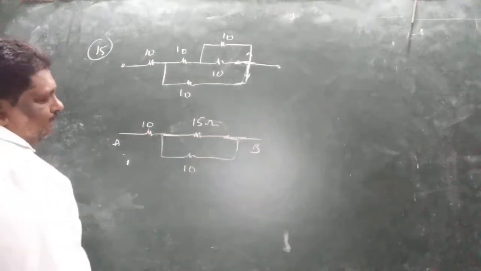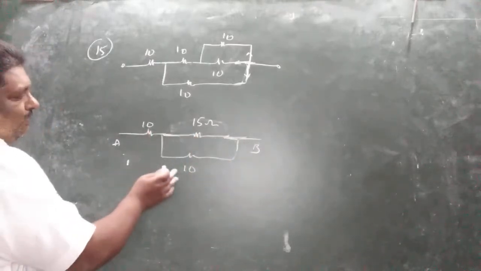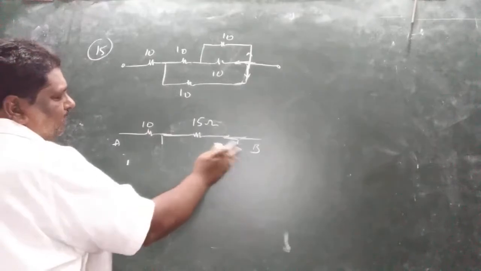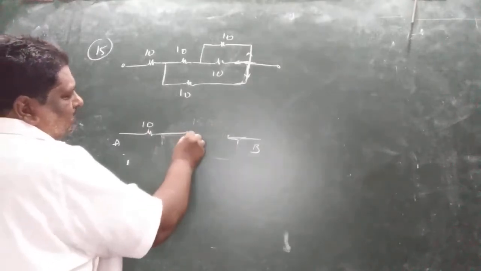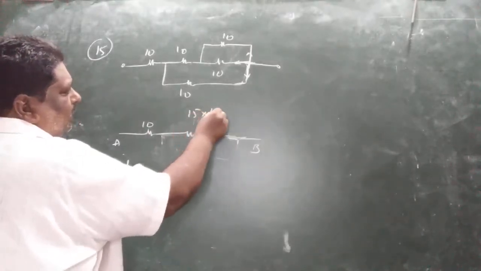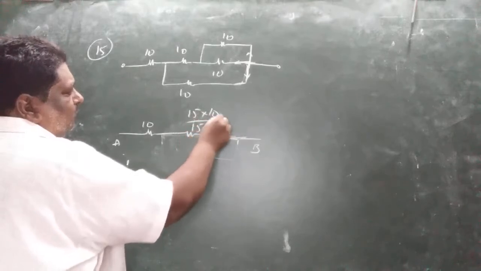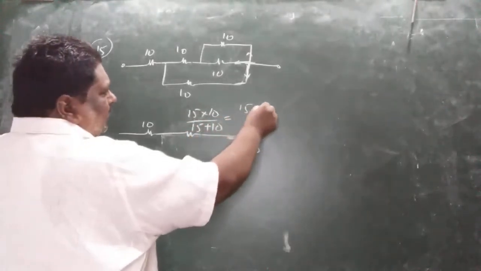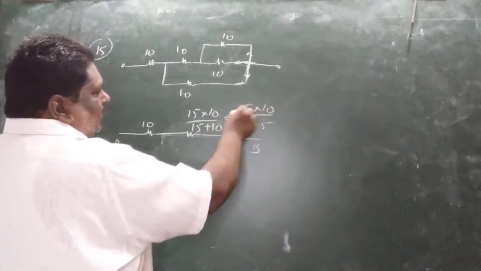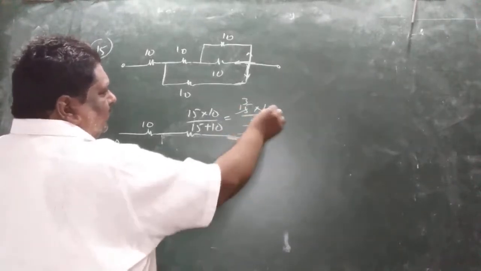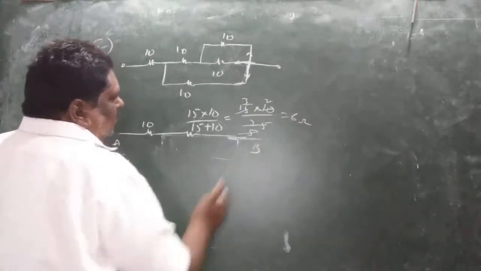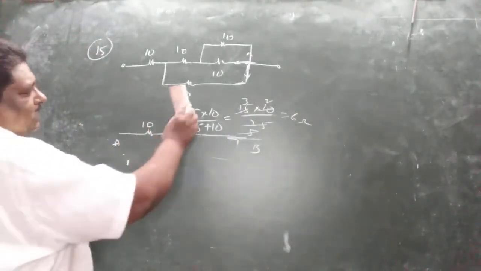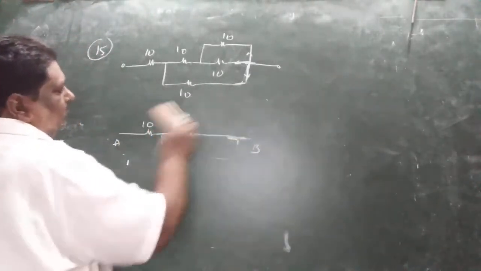So these two are replaced with a single resistor, 15 into 10 by 15 plus 10. 15 into 10 by 25. 5 3s, 5 5s, 5 2s, so 6 ohms. So these all are replaced as a 6 ohm resistor.